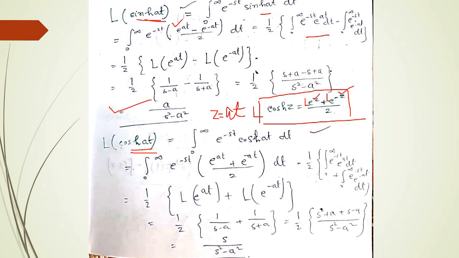We have substituted cosh at with this, then we have placed it and distinctly applied Laplace transform. Then we have obtained at the end that this is the Laplace transform of cosh at. These will be cancelled out and this. So these were very much important so far.